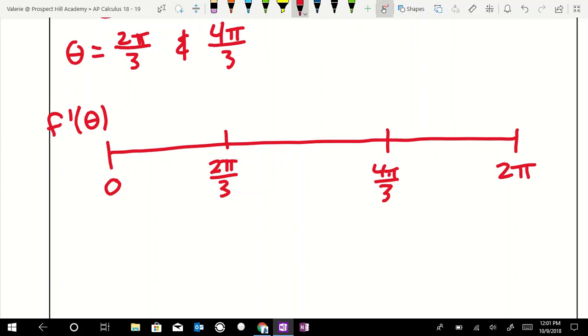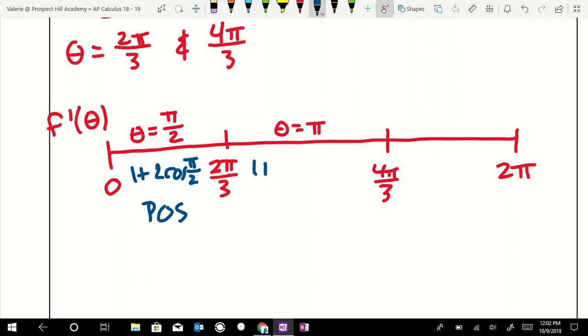So between 0 and 2 pi over 3, I'm going to just plug in pi over 2. So we'll have 1 plus 2 cosine pi over 2. And that'll give us a positive value. All right, between 2 pi over 3 and 4 pi over 3, I'm going to plug in a value of pi.